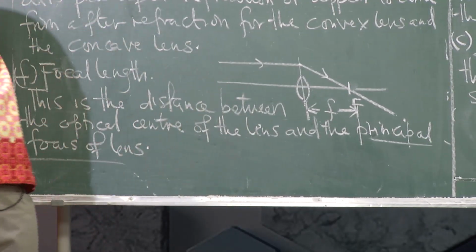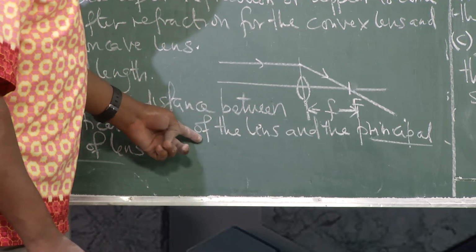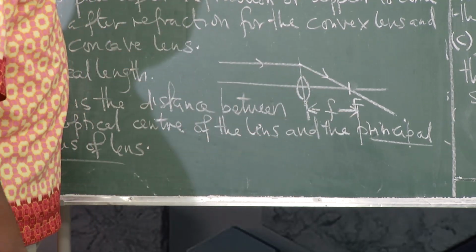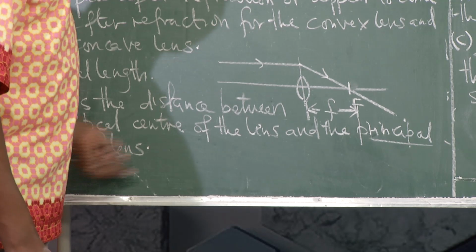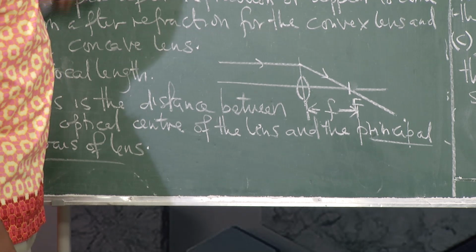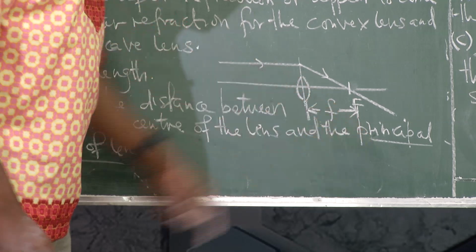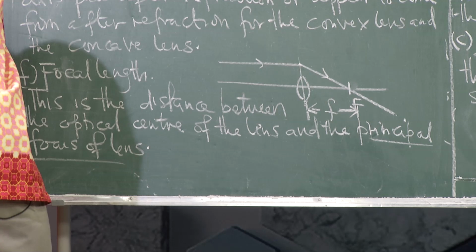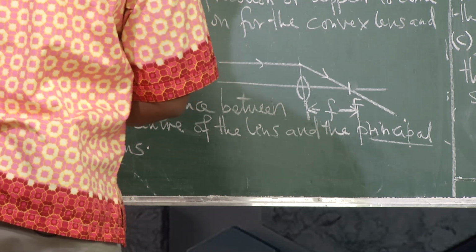You can say that it is the distance between the optical center of the lens and the point along the principal axis where rays originally parallel converge or appear to diverge from. If you notice our definition here, that would be referring to the principal focus. The distance between the center of the lens and the principal focus of the lens.